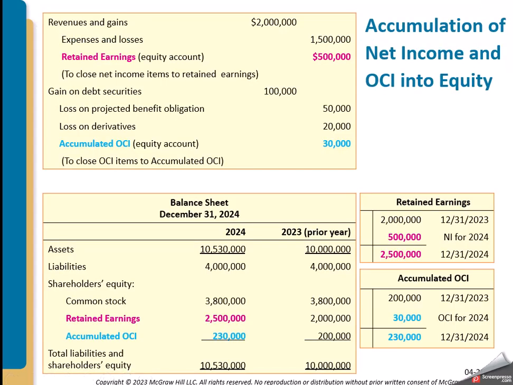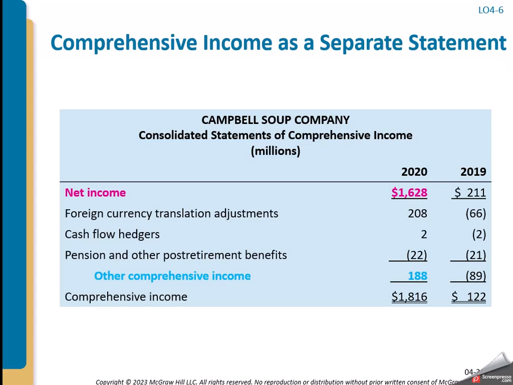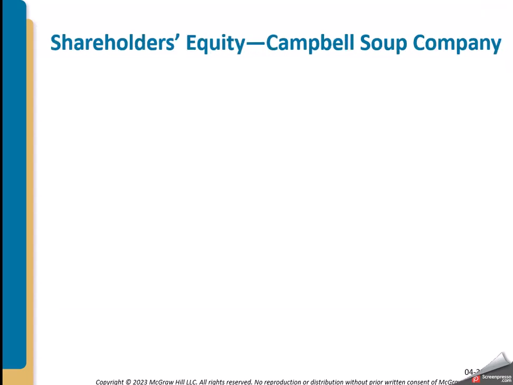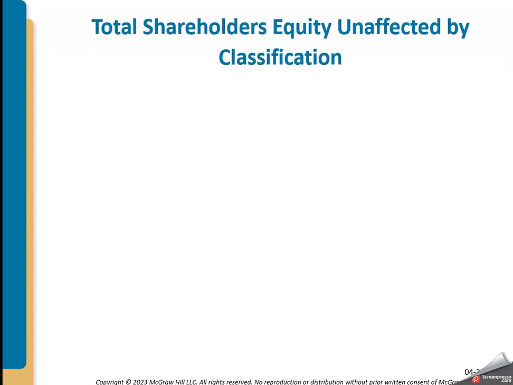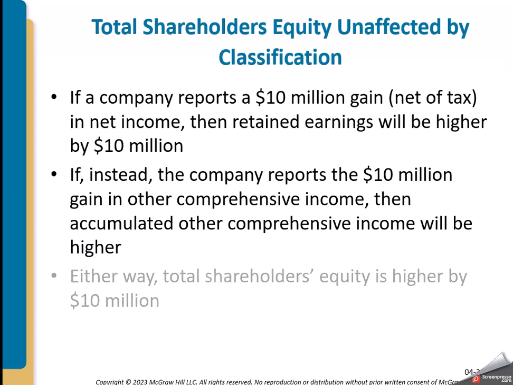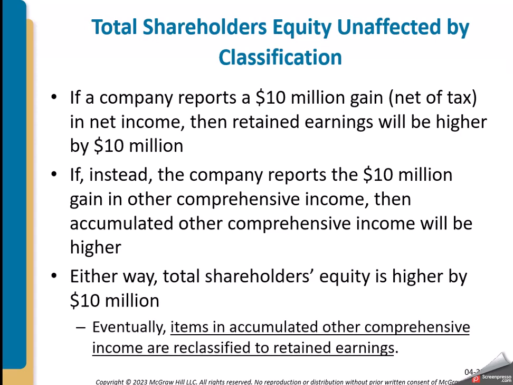That was showing it as a continuous statement, because here it is showing it as a separate statement. But then it still ends up going into the same section, this accumulated other comprehensive income on our balance sheet. And then again, it's just saying that whether it was other comprehensive income or real income, our stockholders' equity section stays the same.